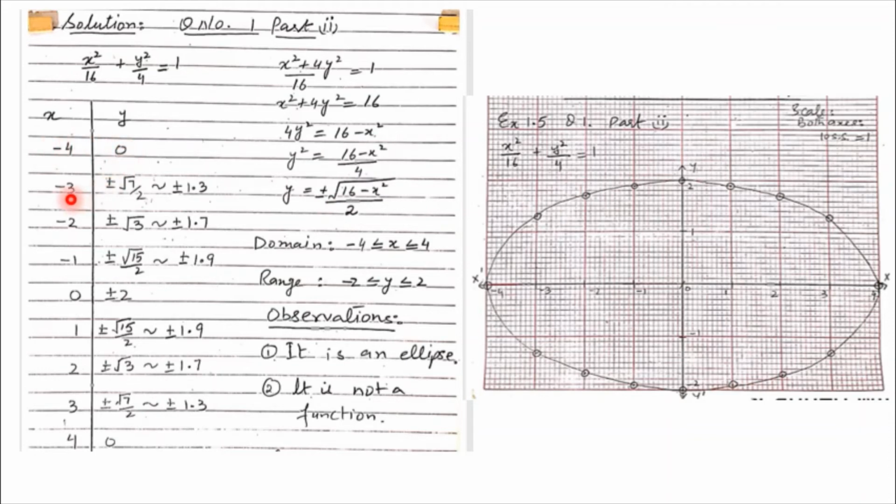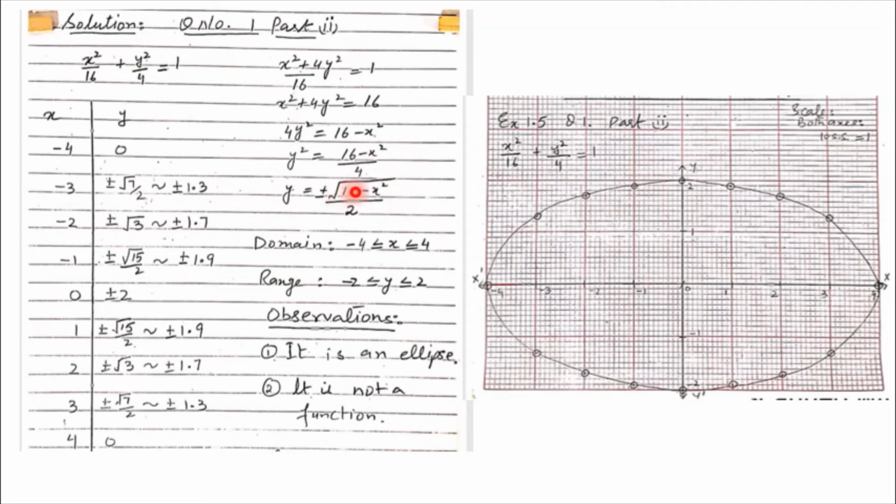For x equals minus 3, put minus 3 here. The square of minus 3 is 9, and 16 minus 9 is under root 7. So you will get plus minus under root 7 whole by 2. Use your calculator, calculate it in decimals and round it off to one place of decimal, and you will get plus minus 1.3. Then put x equals minus 2 here and you will get plus minus under root 3.